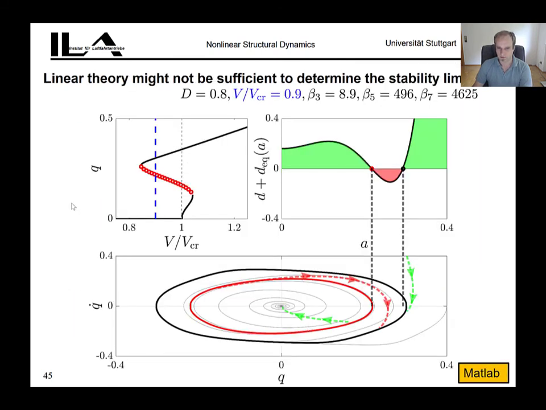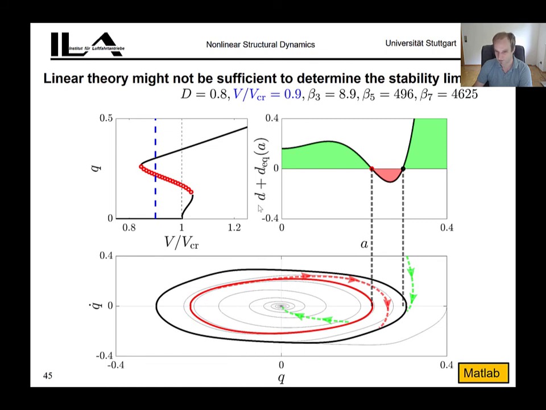Now what actually happens is this here. So you see here the overall damping, so the linear viscous damping plus the equivalent nonlinear damping. And sometimes it is easy, sometimes it is much more difficult or not reasonable to split into supplied and dissipated energy.